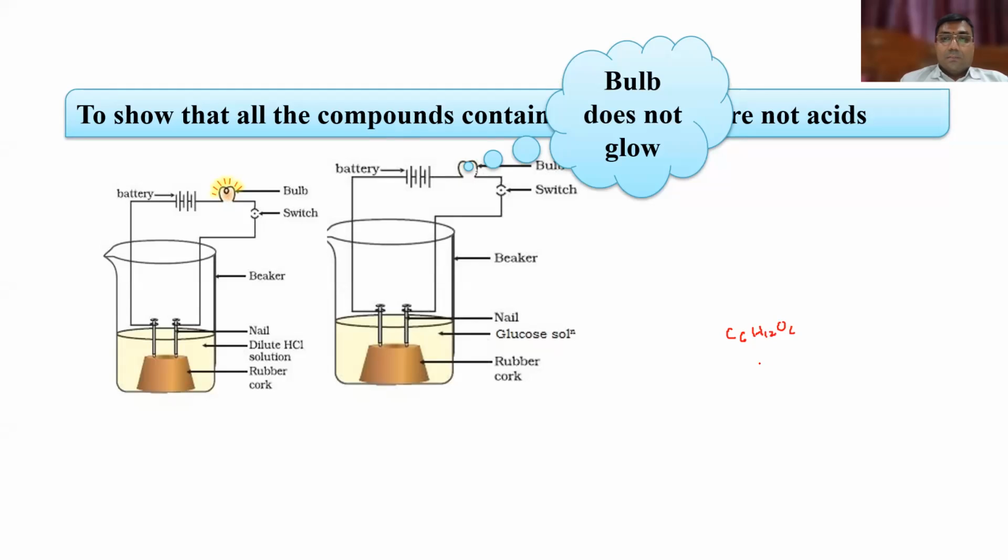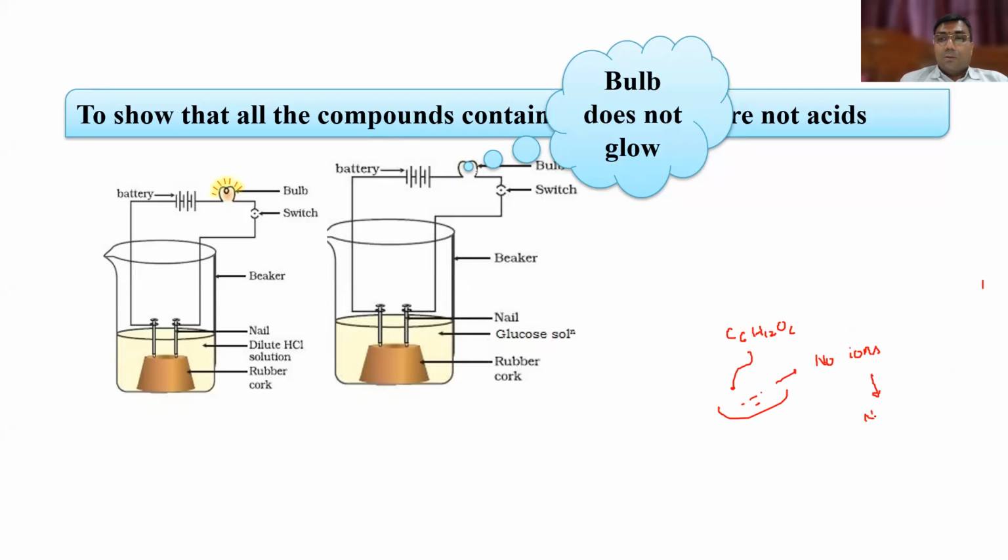C6H12O6. When you dissolve it in water, what happens? There won't be ions. Here, no ions are produced, right? Try to understand. You don't find any ions here. So when there are no ions, naturally, it is non-conducting.